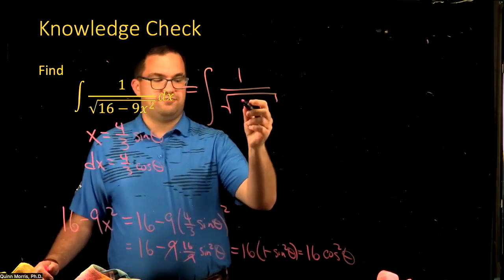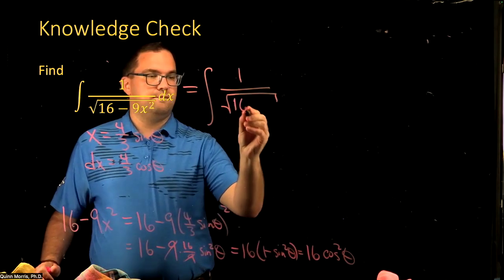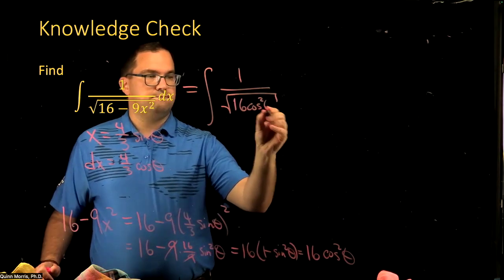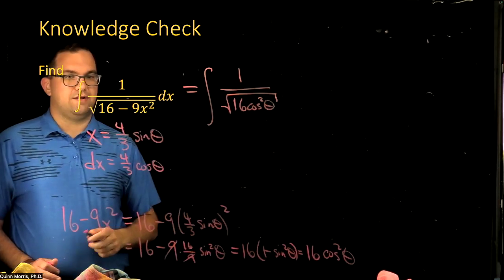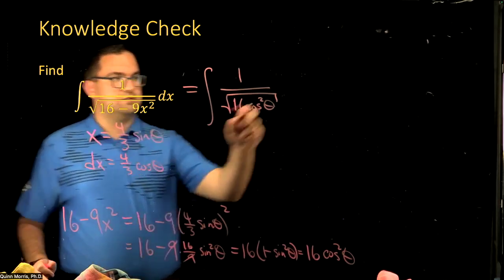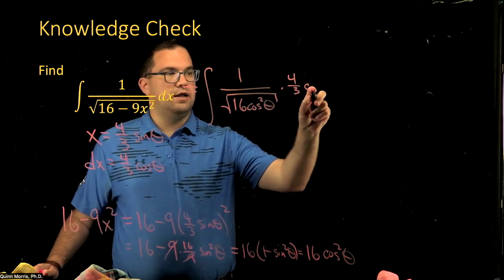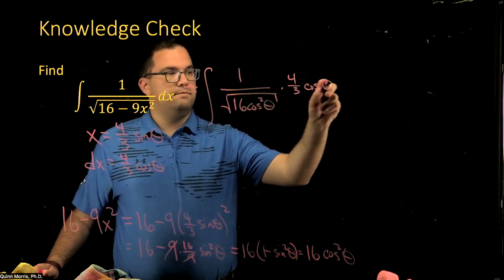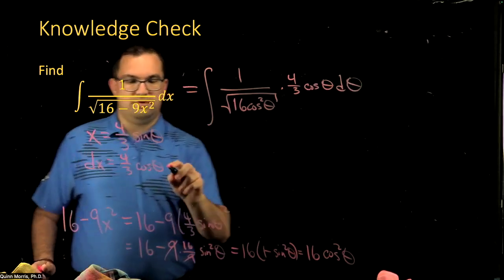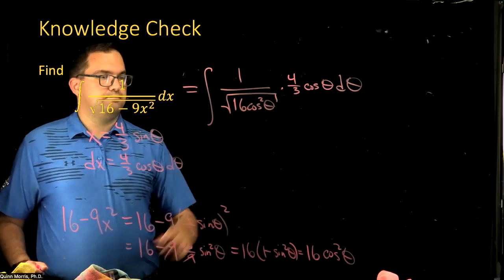All right. So after doing the substitution, that's what's going to end up under the radical. Now I still have to take care of the dx. That's going to be 4/3 cosine theta d theta. Got my d theta there.